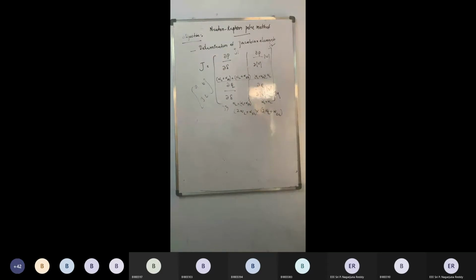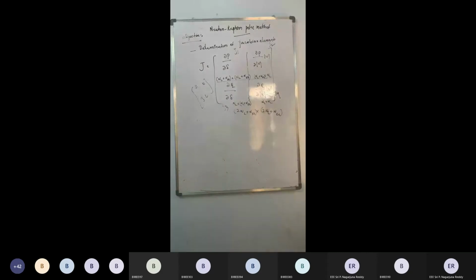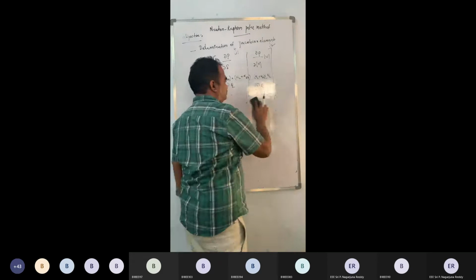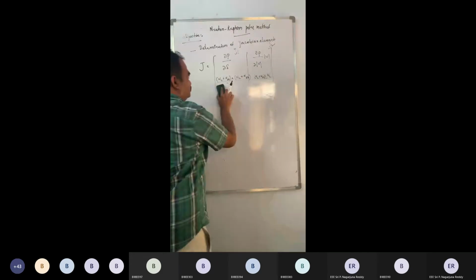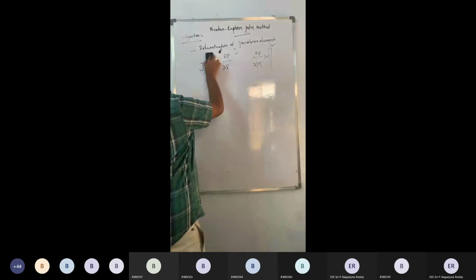In different textbooks, you will be having different notations for these submatrices: J1, J2, J3, and J4. Now, we will move ahead and we will determine the expressions for each of these submatrices. We will go with J matrix, J1 matrix.